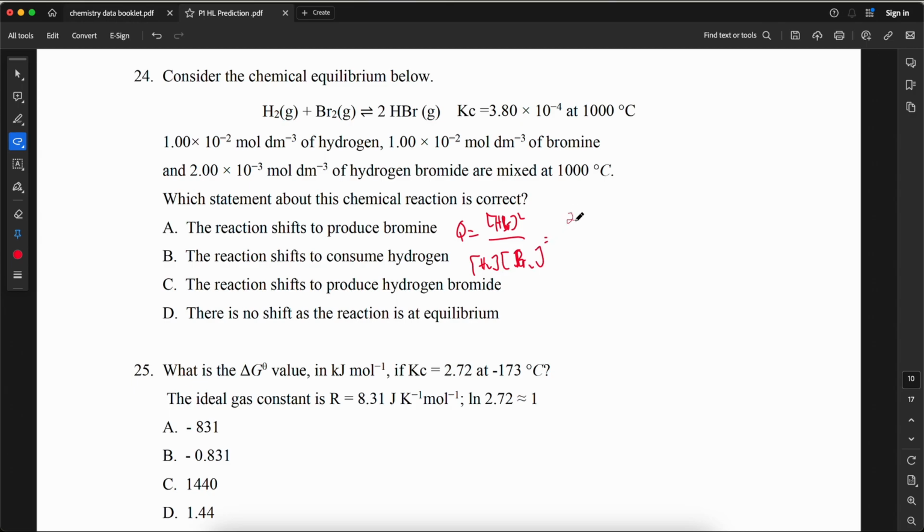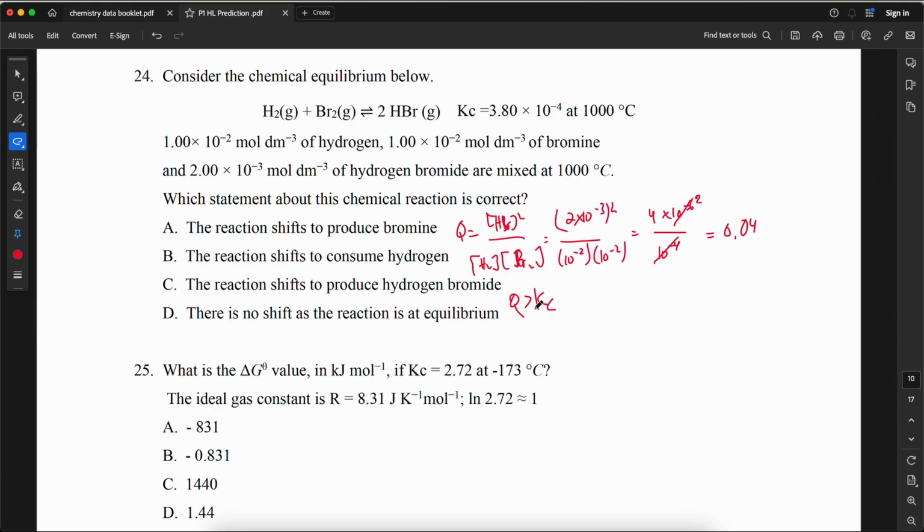So that would be 2 times 10 to the power negative 3, squared, which is 4 times 10 to the power negative 6, over 10 to the power negative 4, so it becomes 0.04. So you can compare: Q is bigger than Kc.